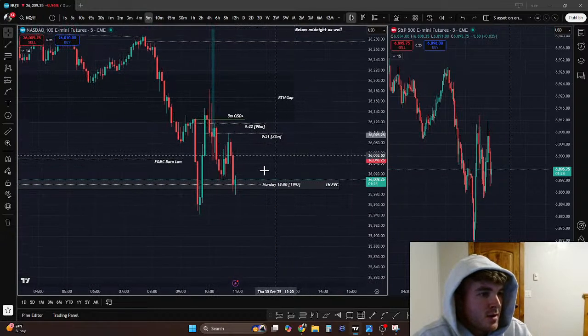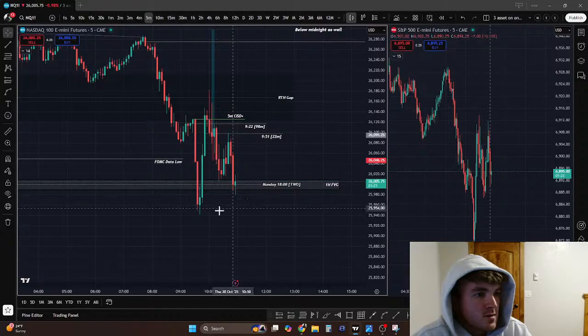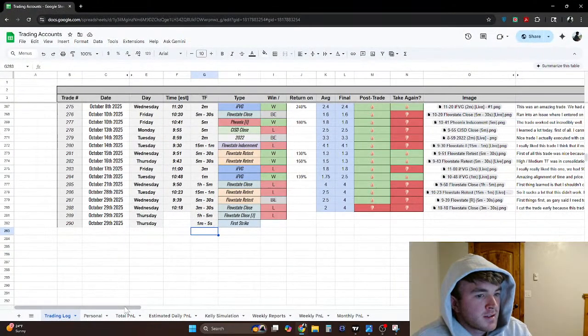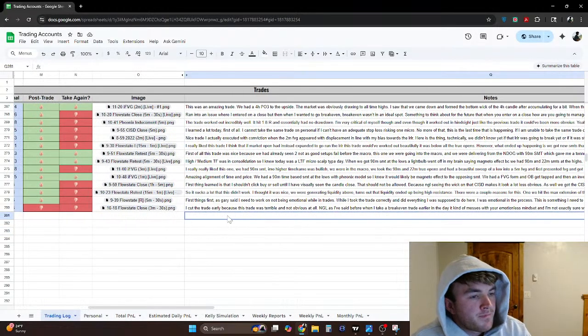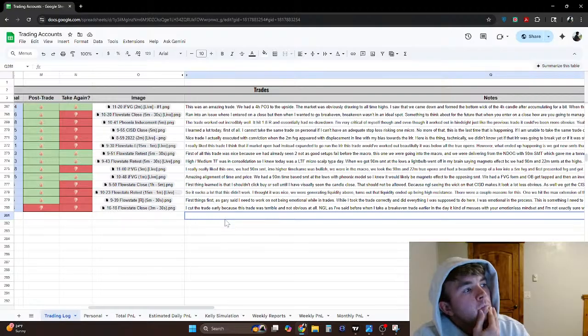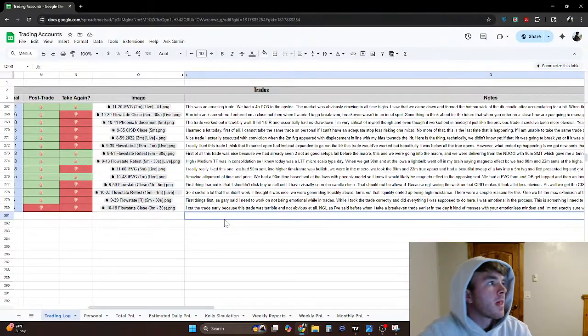Alright, I guess write some notes about this. What notes do I have about this trade? Let's just look at it for a second.